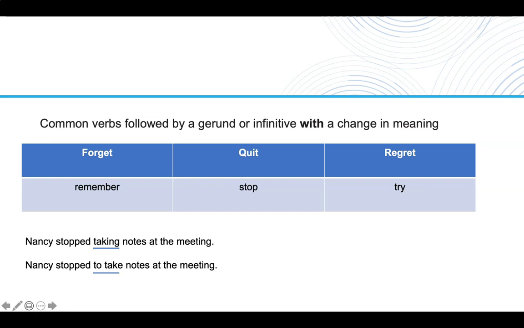So, she was doing some other activity first, but she quit doing this activity, whatever it was, to start taking notes. Each of the verbs in this chart works similarly in that the gerund and the infinitive following the verb have very different meanings.